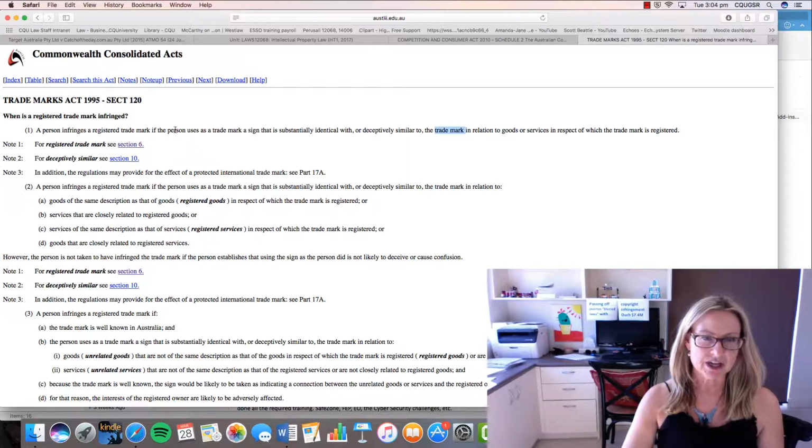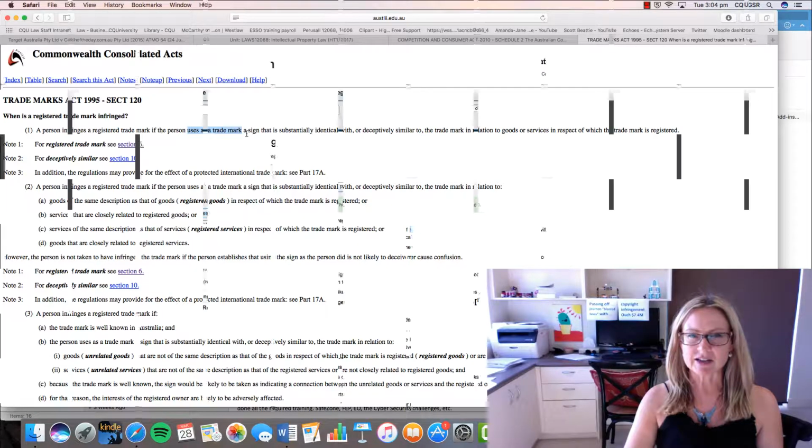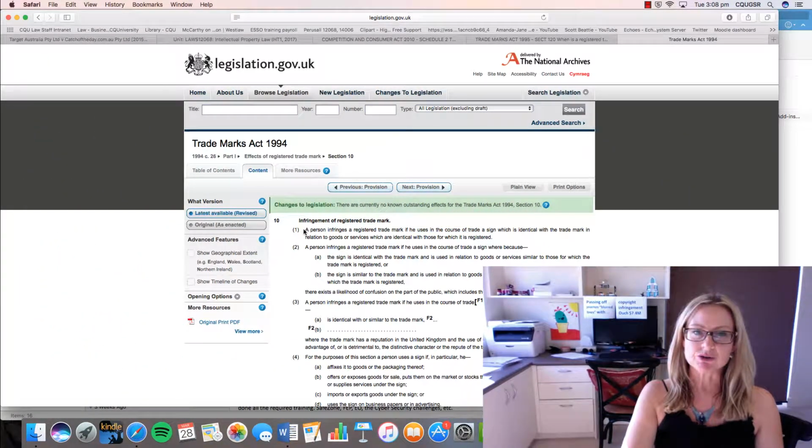So what I want to draw your attention to here is the phrase uses as a trademark. Now that provision is a little bit special, a little bit unique. There is no corresponding provision to that particular phrase in the UK or US legislation. So here we have the UK legislation, and in section 10.1 you'll see a person infringes a registered mark if they use in the course of trade a sign which blah blah blah is identical with the registered mark.